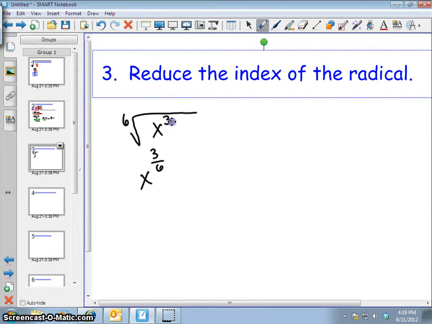Remember, the power on the inside here is your numerator and the index is your denominator. Now 3/6 can simplify to 1/2, and then you can put it back into a radical so that you have the square root of x to the first, and now you have reduced the index of the radical.